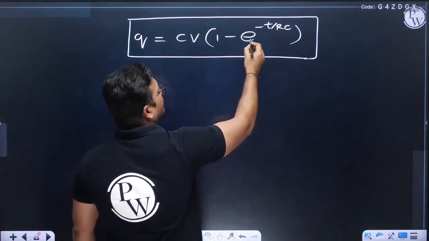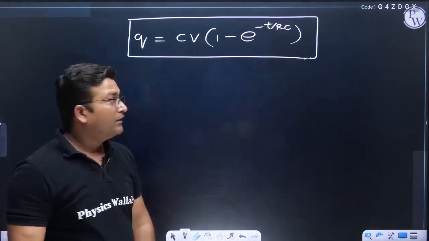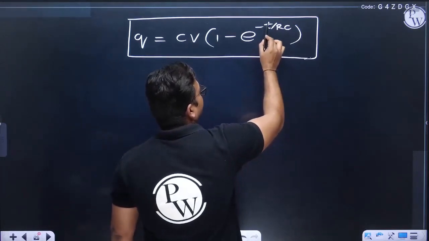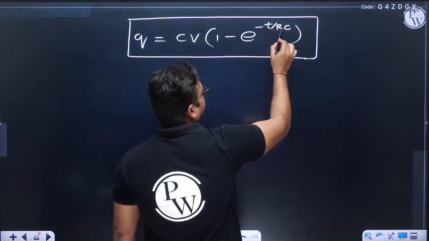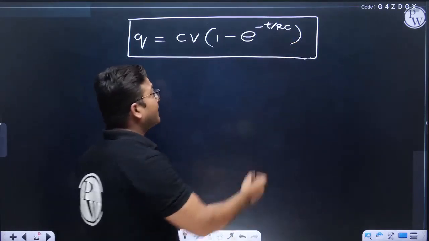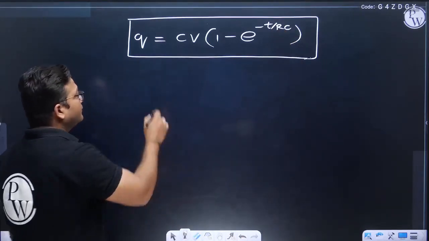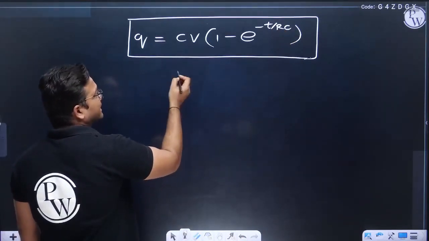As you know, the power of an exponent is always dimensionless. So as the unit of t is time, the second, the unit of RC must also be second, such that the exponent can become dimensionless, right? So always remember, t upon RC is dimensionless.